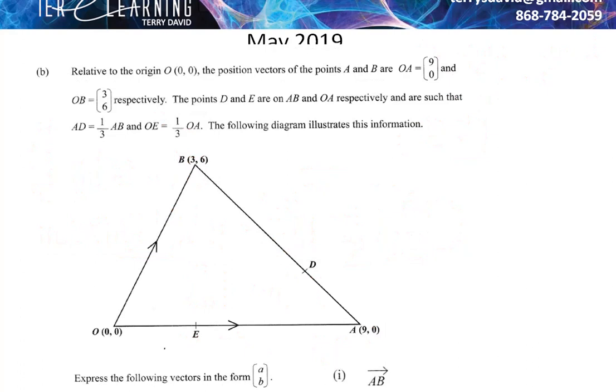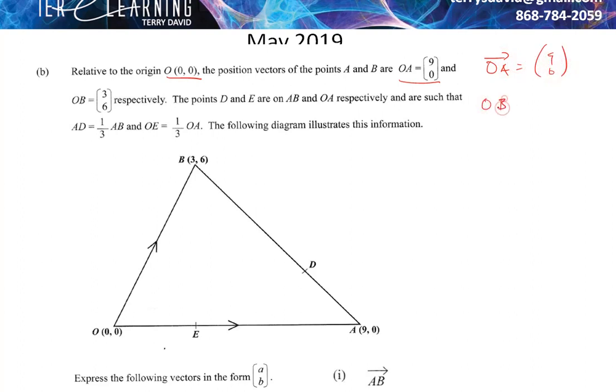Now, this next one here, this part B, is a vectors question. So they told us relative to an origin O, we have two vectors, OA and OB. OA is 9, 0.